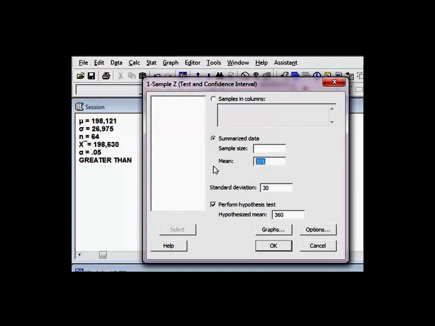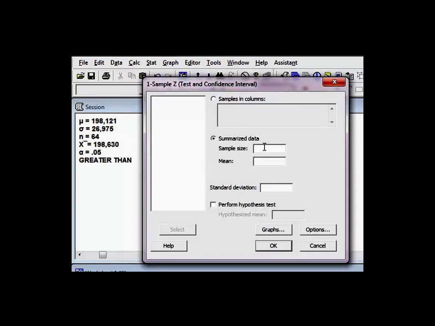This is left over from the last problem I worked. Sorry, guys. Small little glitch in the works here. All right, and I'm going to begin to plug in the information that I have from where I read out the problem. So I do not have data in columns, so I'm going to use summarized data.